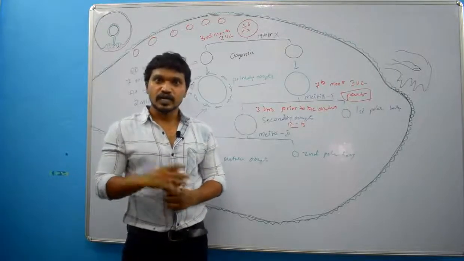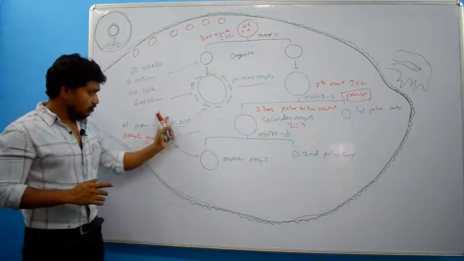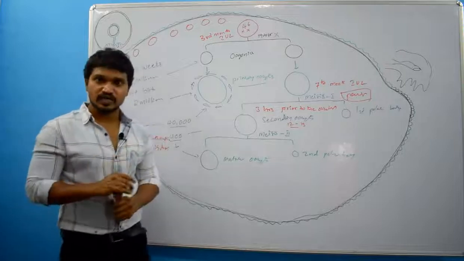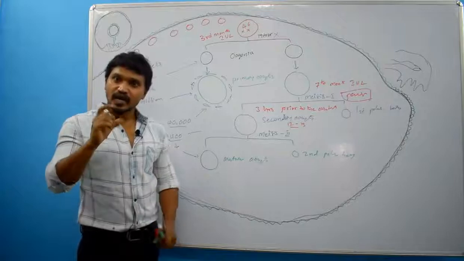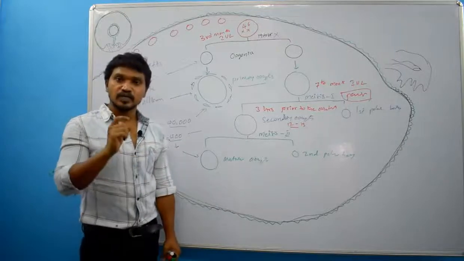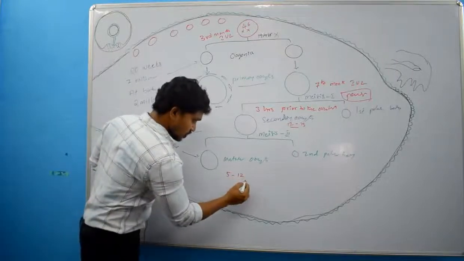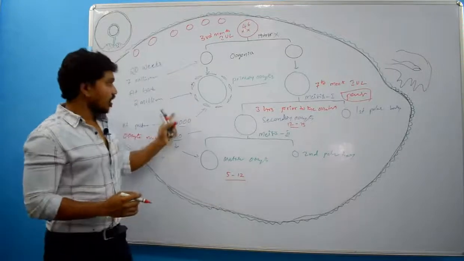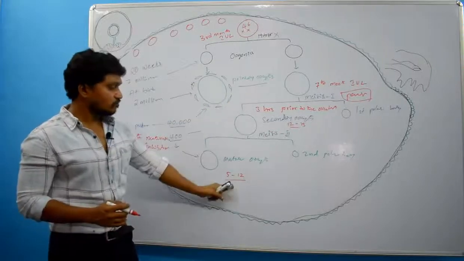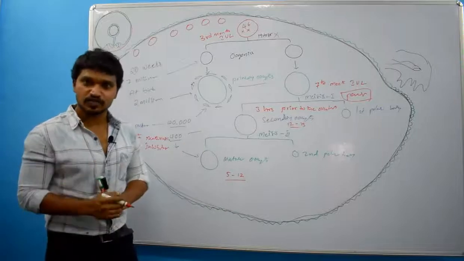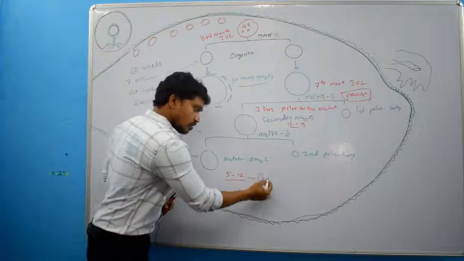Actually, I told you that there are 40,000 primary oocytes. Within this 40,000, every month 5 to 12 follicles, actually this structure we are now calling a follicle, 5 to 12 follicles will start maturing. Out of 5 to 12 follicles, only one will mature.